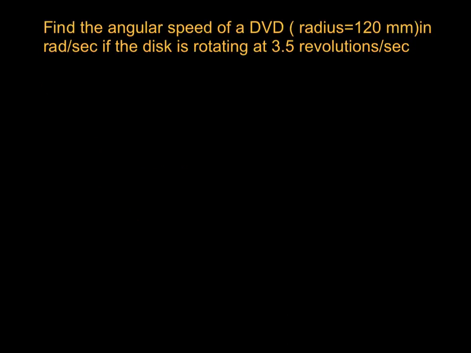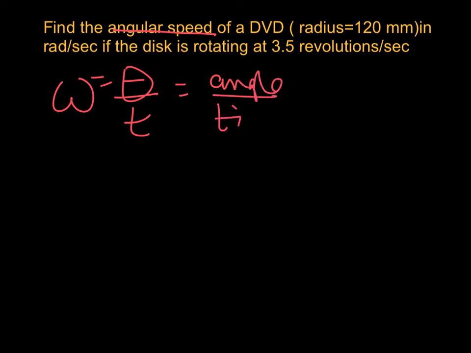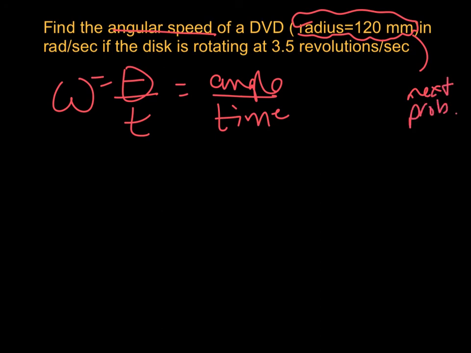So if I want to find the angular speed of a DVD whose radius is 120 millimeters, in radians per second, if the disk is rotating at 3.5 revolutions per second. If I want angular speed, the only thing I need to know is theta, my angle that it rotates over time. I really don't need the radius yet; we'll use it on the next problem. You only need that if you're going to do linear speed.